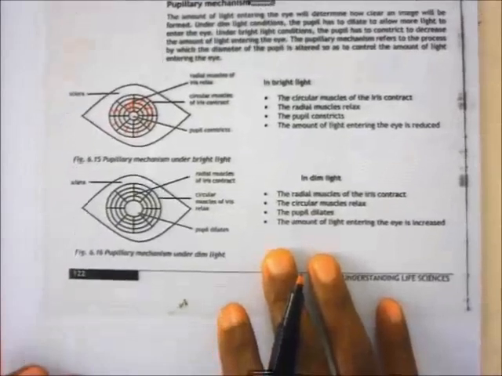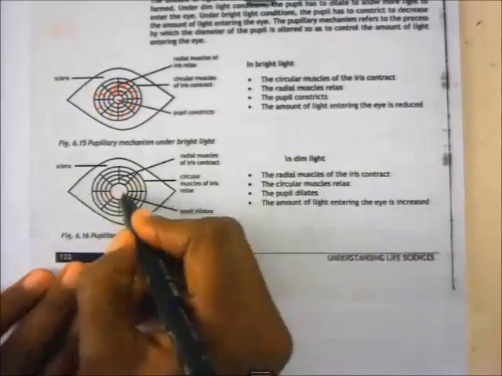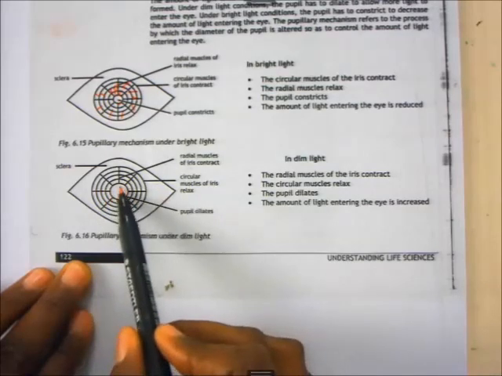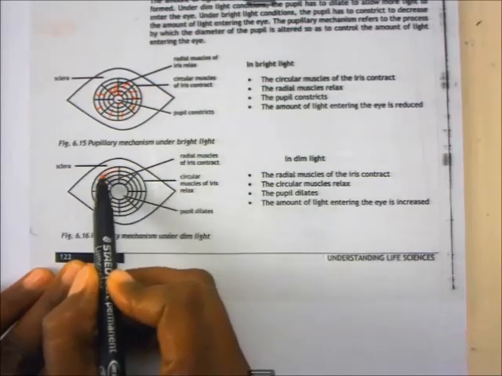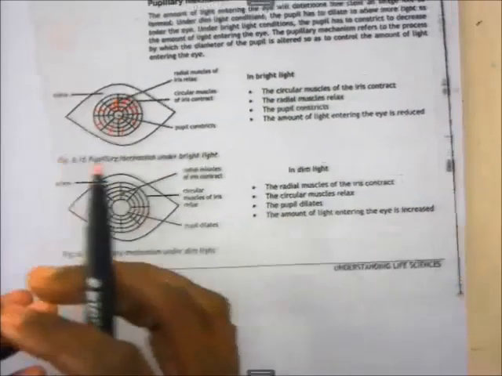And then, okay, when a person walks in dim light, the size of the pupil has to be bigger. So now, what will make the size of the pupil bigger? It's when the circular muscles relax.